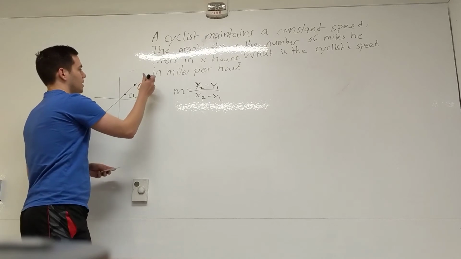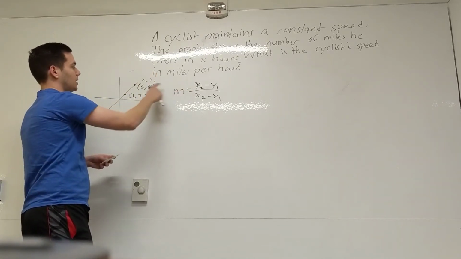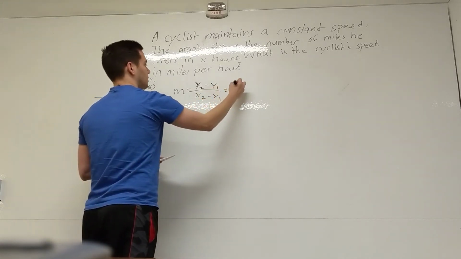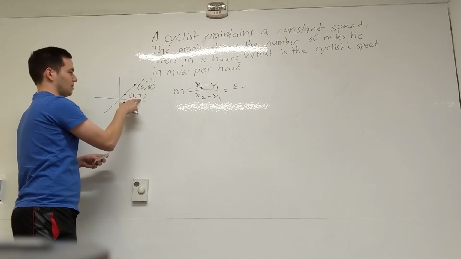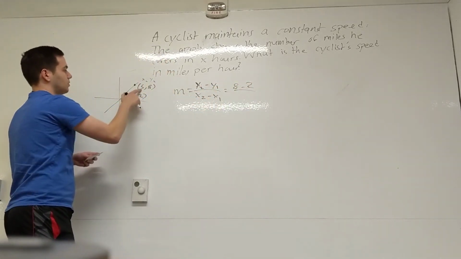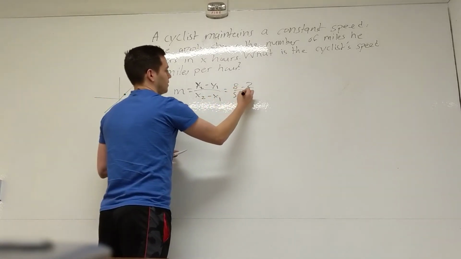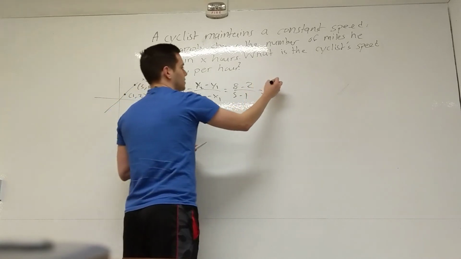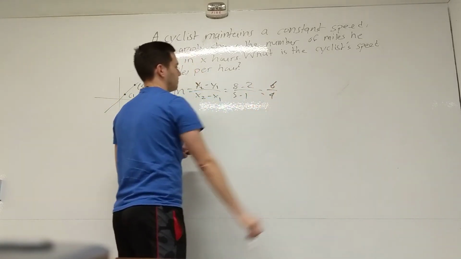Let's say this is y2, and this is x2. So y2 is 8 minus 5, this is y1, minus 2, and x2, which is this, 5, and x1 is 1, so 5 minus 1. 8 minus 2 is 6, and 5 minus 1 is 4.